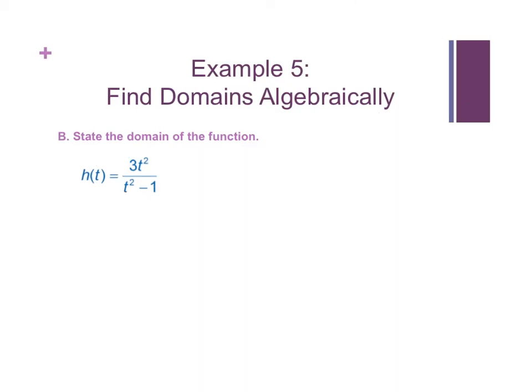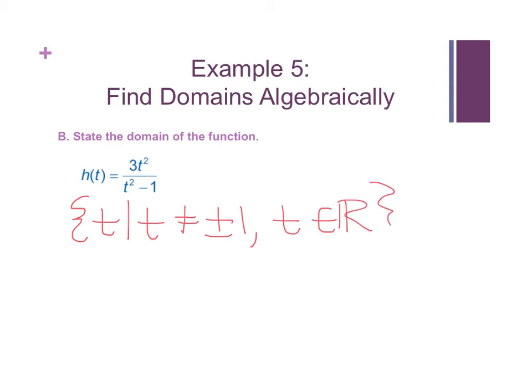So we decided in the previous slide that t could not equal positive or negative 1, and therefore our set builder notation was t such that t could not equal plus or minus 1, and t was an element of the real number system. Now, for interval notation, I can shade any number on this number line that I want.